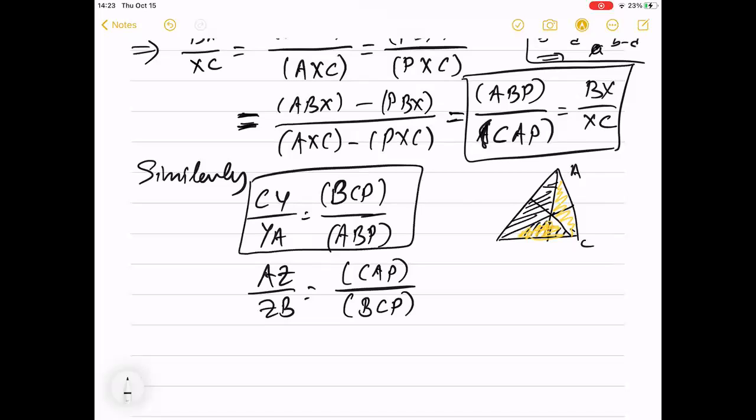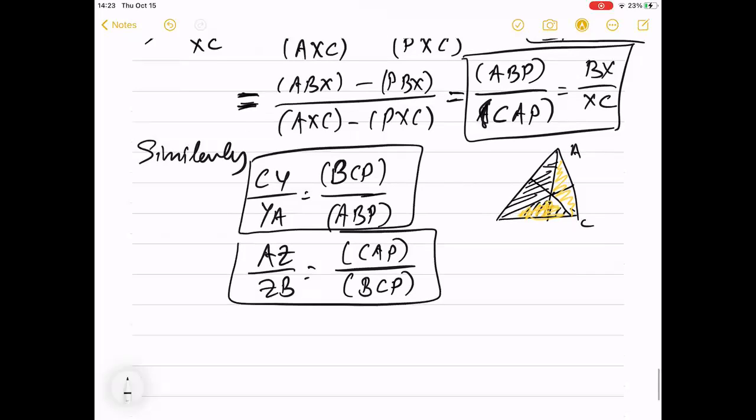So therefore, we have 1, 2, 3. So if you look at BX over XC times CY over YA times AZ over ZB, these letters are the same.